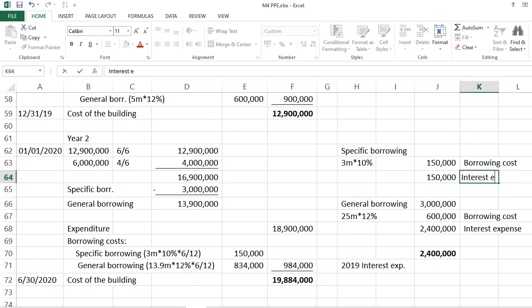Ma'am, bakit po tayo nagkaroon ng interest expense? Di ba specific naman siya for the building? Take note, hanggang June lang ang construction ng building. Therefore, the rest will be considered as excluded in the cost of the building. So, ganito yan siya. Pag nangutang ka, kahit pa sabihin mo sa bank, itong inutang ko specifically para to sa construction ng building ko.